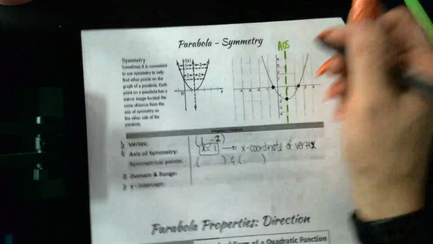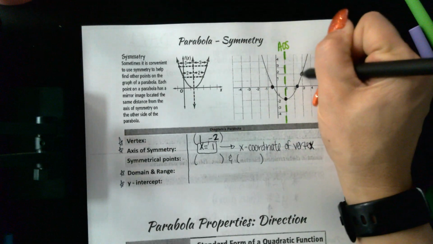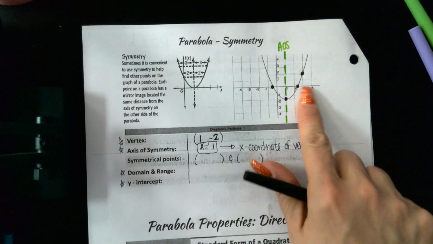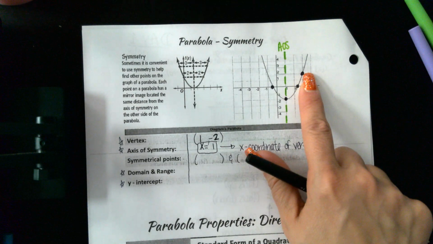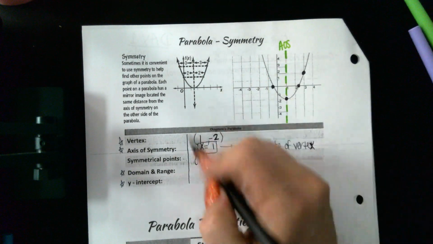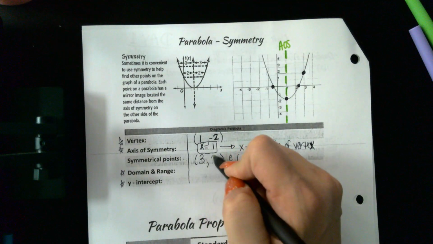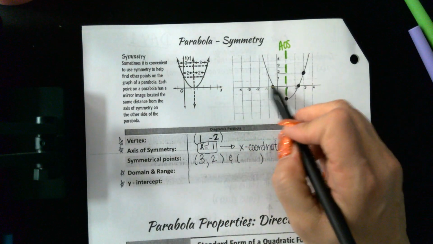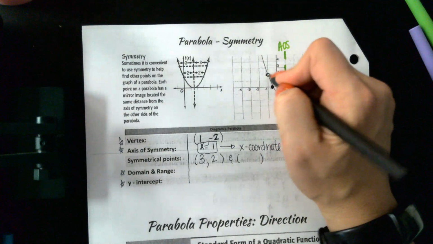So I want you guys to look at this one over here. So if you look at 3 comma 2, where is it symmetrical over here? Like what would be the matching -1 comma 2? Yep.